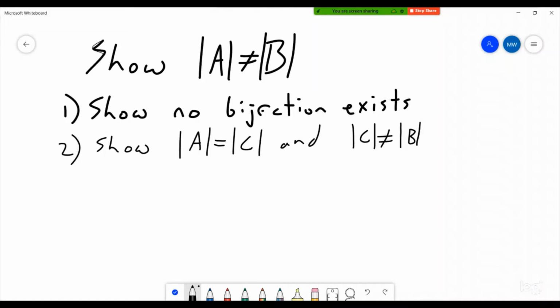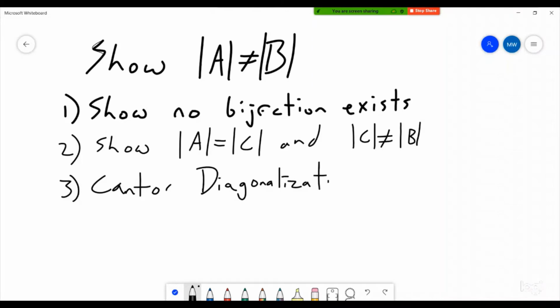Yeah, so a couple others. You can use a Cantor diagonalization method. This is normally used to show that something is not the same size as the cardinality of the natural numbers. If you're trying to show that the real numbers are a different size than the natural numbers, you could pretend that there is a bijection. So this would be a proof by contradiction.